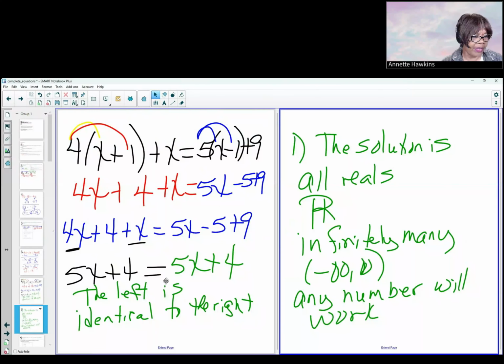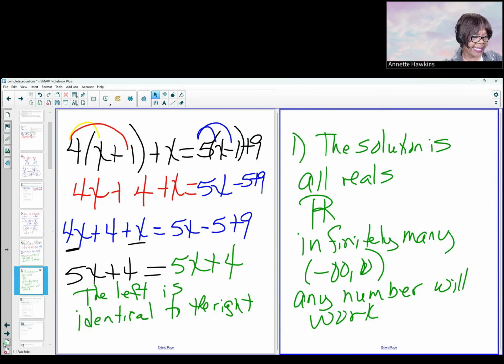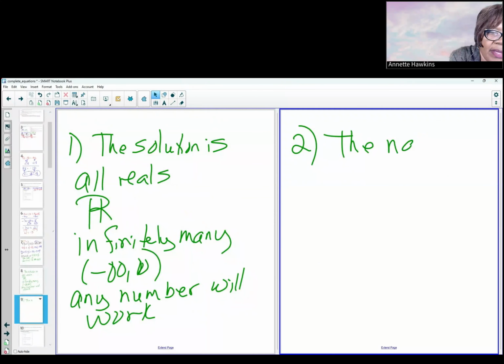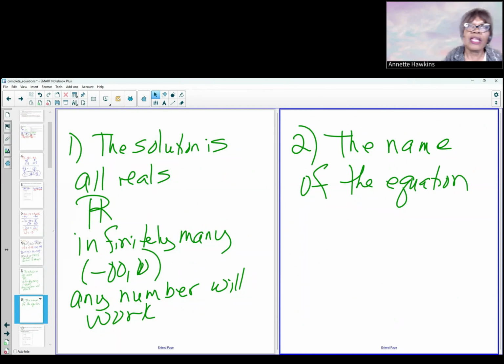Okay. Now this equation also has a name. The name, okay, and you'll see this if you take Math 114. These equations, it has a name. This is what we call a dependent equation.